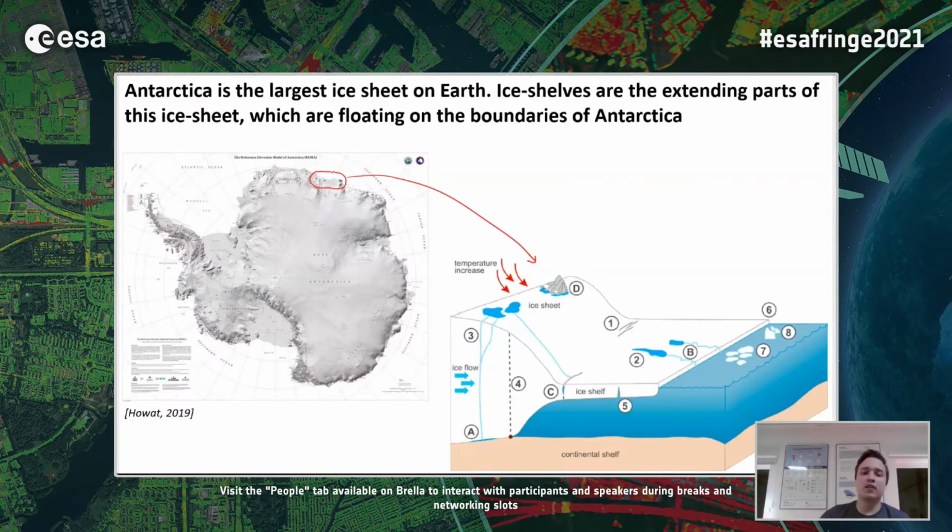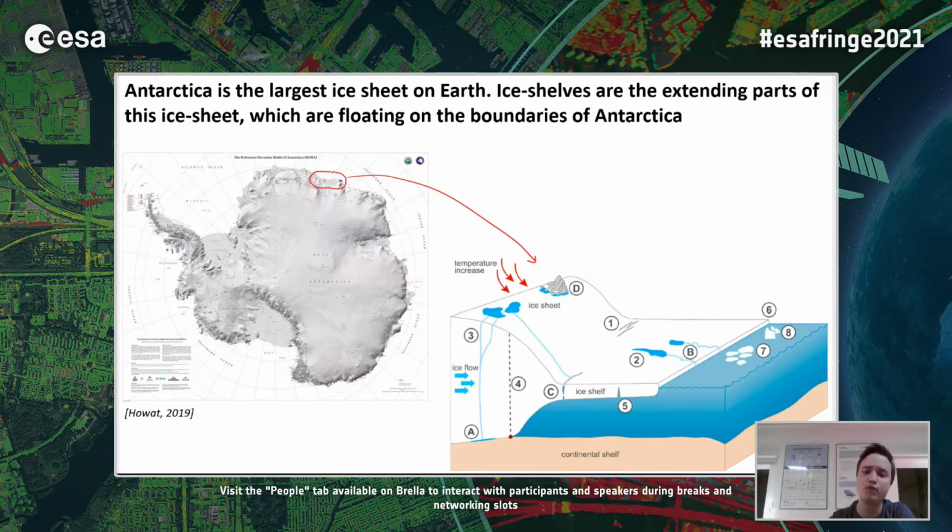As you know, Antarctica is a large mass of ice which is set on a rocky continent, and this mass of ice is spreading into the ocean where it begins to float. These ice shelves, the floating extension of the Antarctic ice sheet, are everything but passive, in the sense that they have the ability to restrain the ice flow from behind by buttressing effect, but also laterally constrained by abutments and so on.